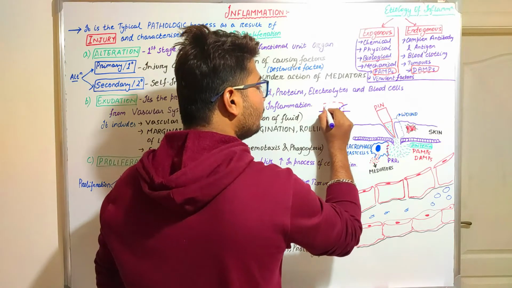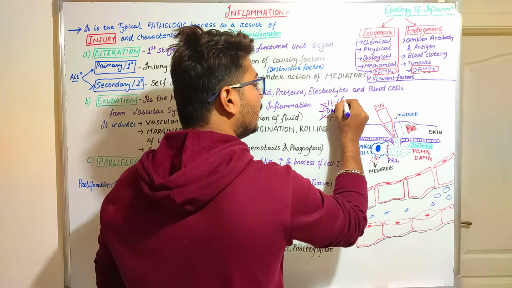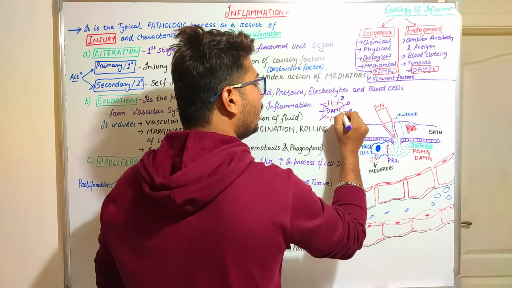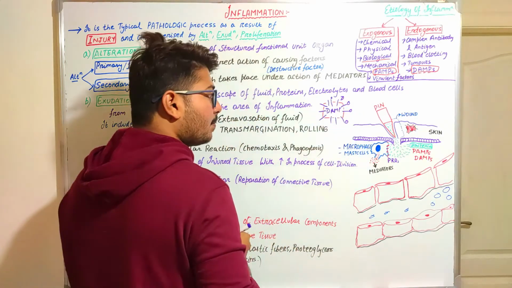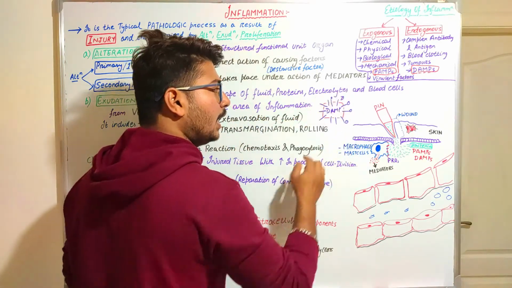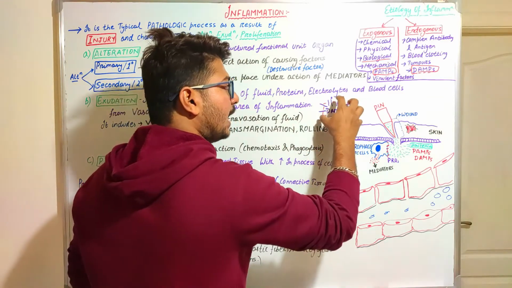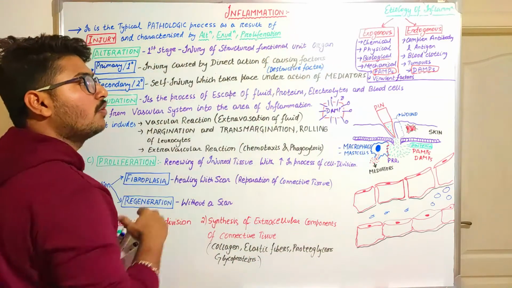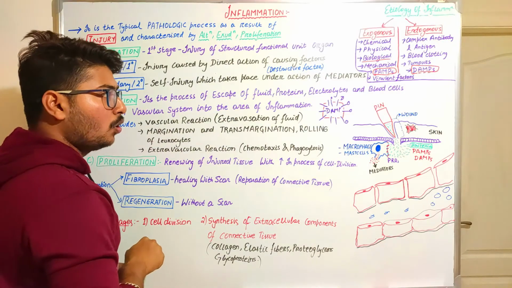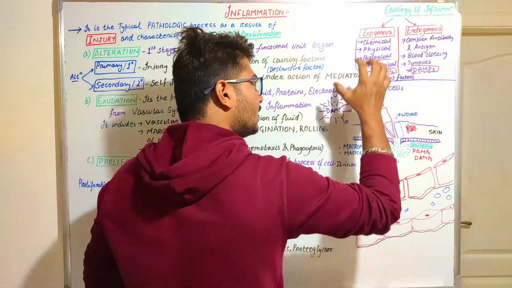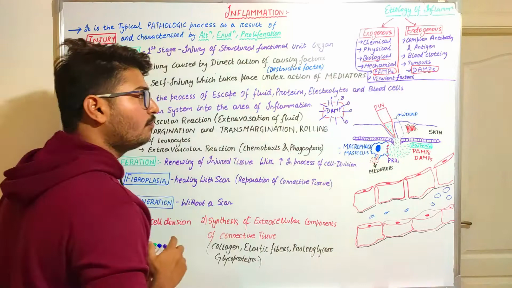So these DAMP molecules are nothing but excitatory protein molecules that are present intracellularly, and they come out upon the lysis of the cell and stimulate the process of inflammation. Okay, so these are the causing factors or the etiology of inflammation.